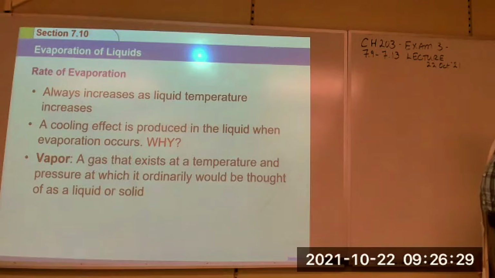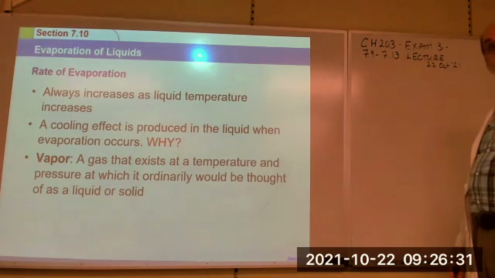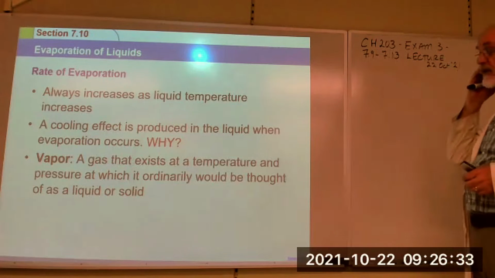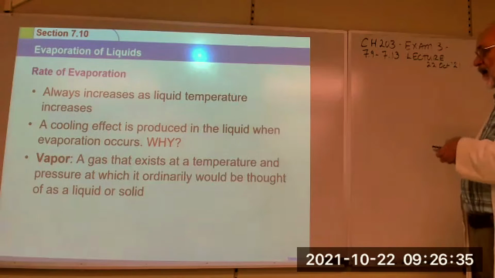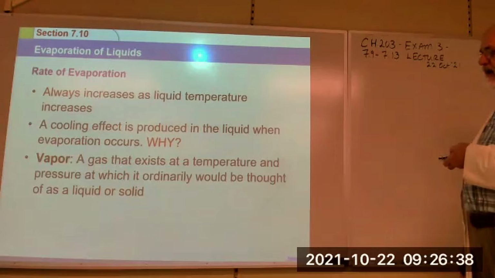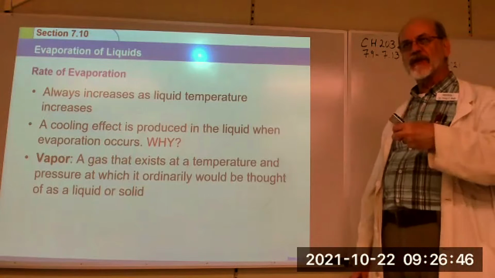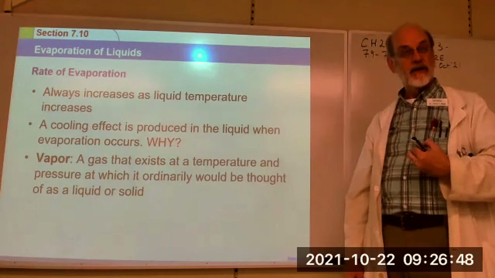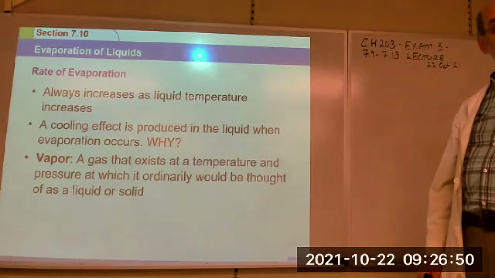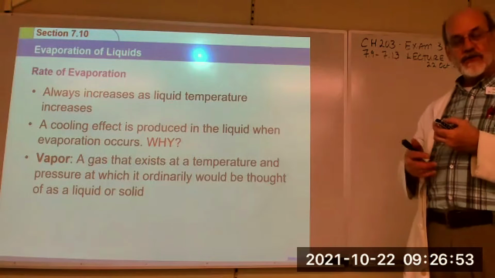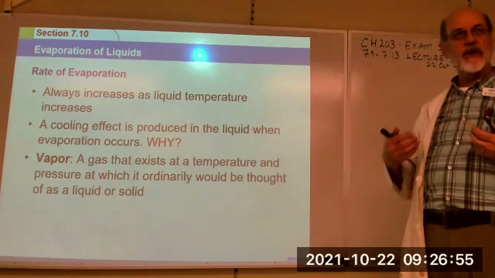So what's a vapor? A vapor is a gas. It's just another word for a gas. And it's associated with what you would normally see as a solid or a liquid at those temperatures and pressures. So for our dry ice, when you throw it in your sink, you see a gas coming off of it.